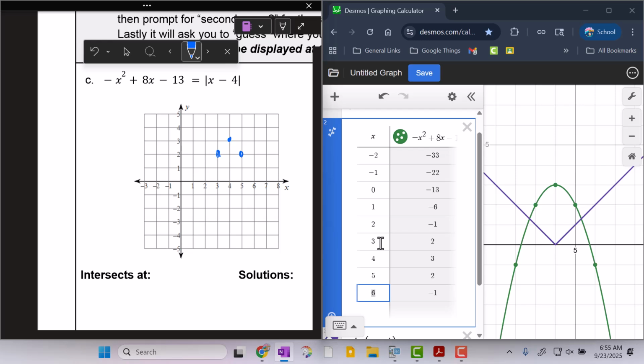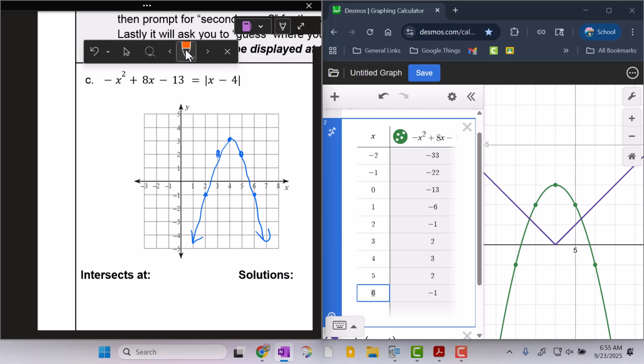So that would be, let's see, 2, negative 1, and 6, negative 1. So it's a little bit harder to get these to be accurate, our quadratics anyways.